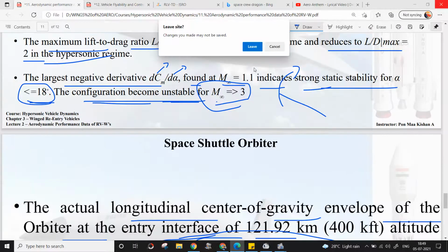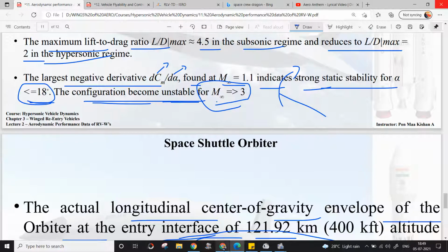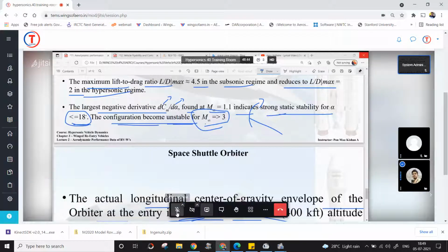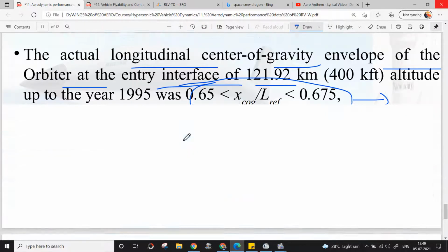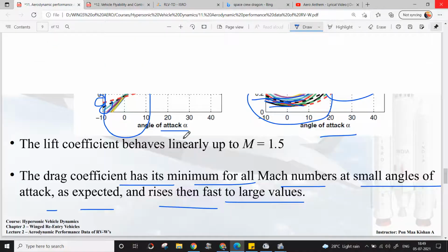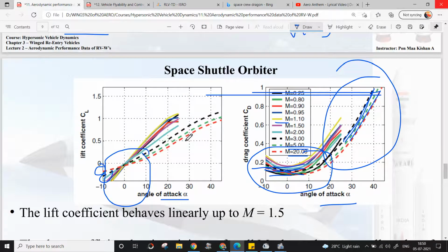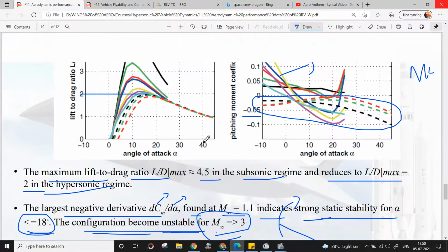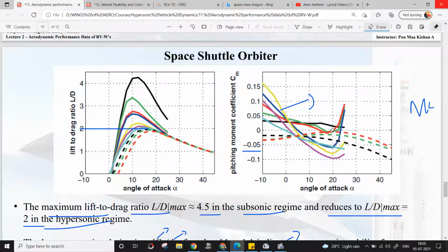Sir, one minute. Yes. Sir, can you open the pitching moment versus alpha plots? Yes.